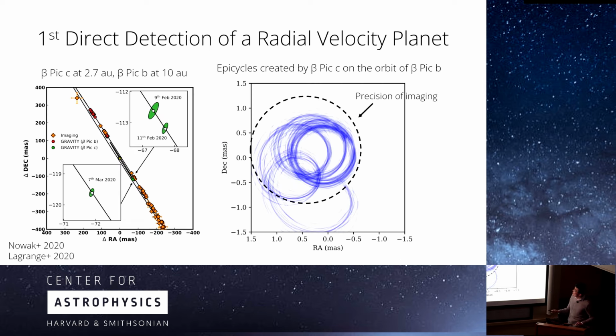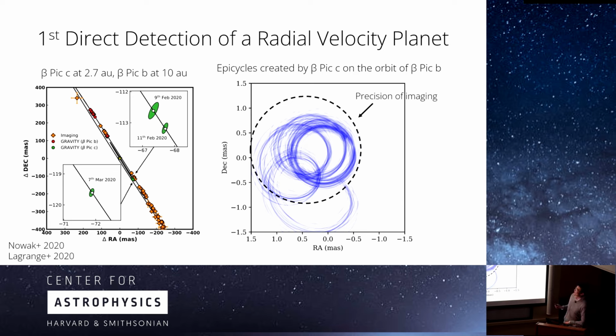And this allowed us to get the first direct detection of a radial velocity planet using long baseline interferometry. We basically knew that the planet would be at its maximum elongation at this time, and we pointed our interferometer right there. And over the course of 3 epochs, we detected the planet. And even over the course of 2 days, we can actually measure the orbital motion of the planet.